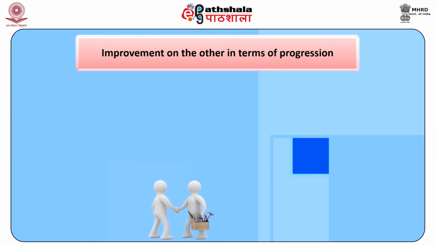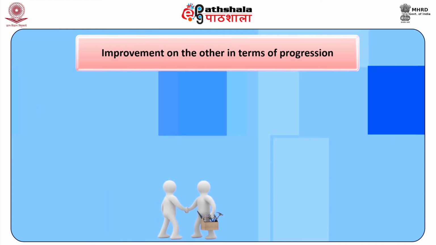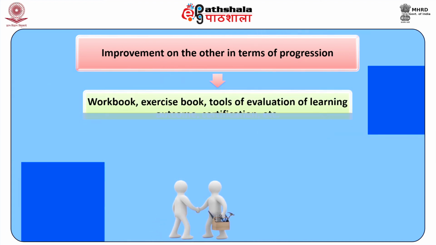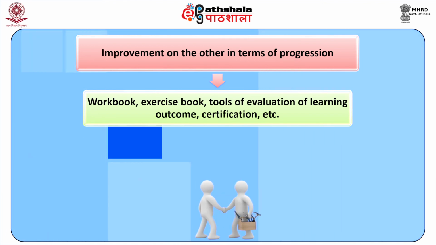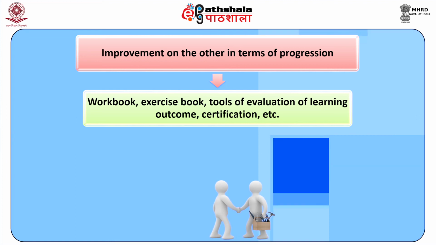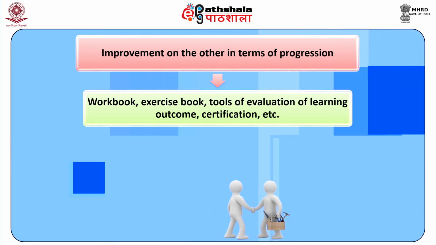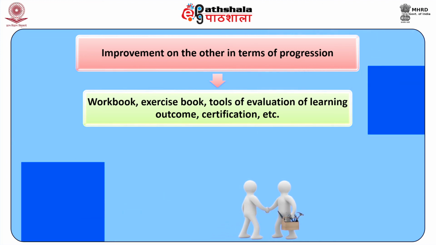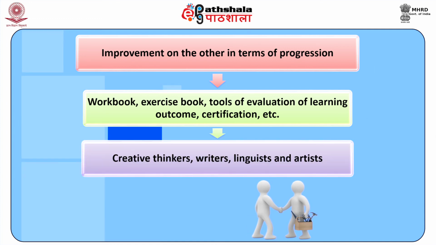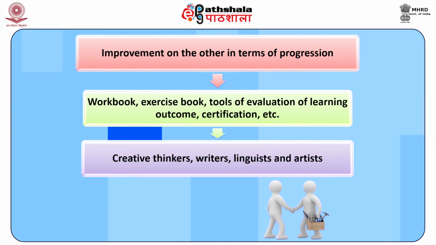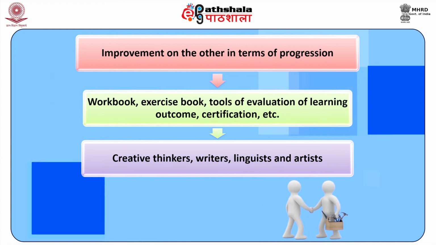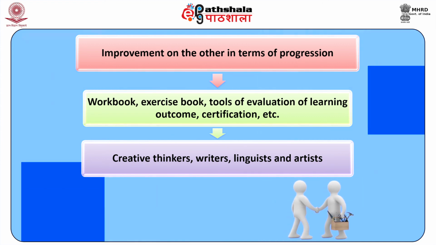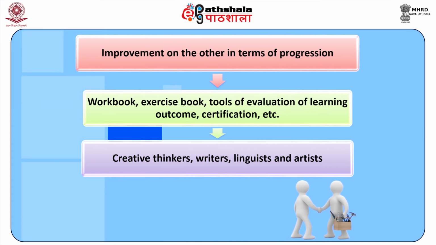Each primer is an integrated one in the sense that it combines workbook, exercise book, tools of evaluation of learning outcome, certification, etc. The primers are prepared through workshops involving creative thinkers, writers, linguists, and artists, pre-tested and their suitability affirmed before actual application.